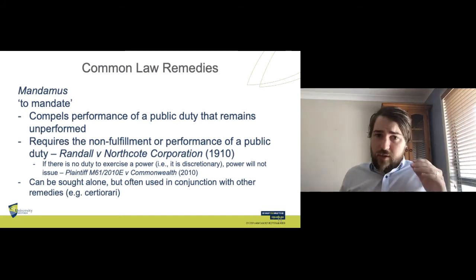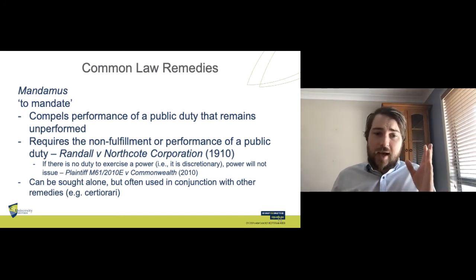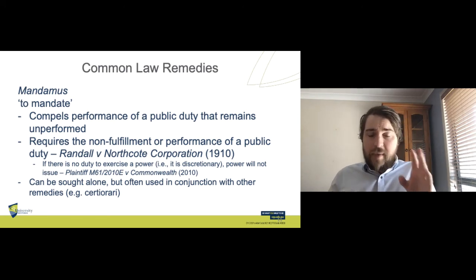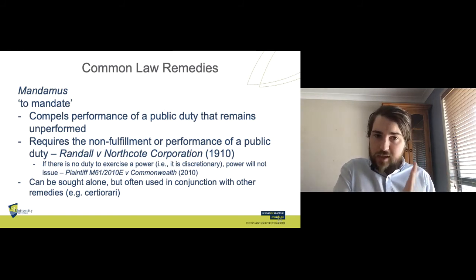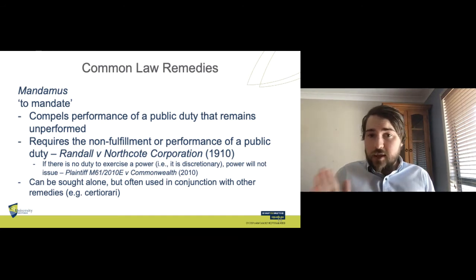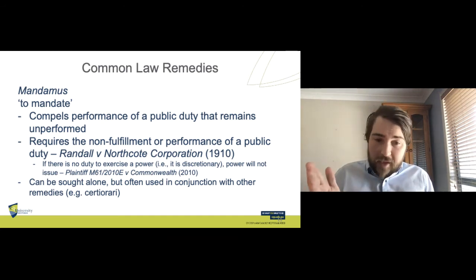Of course, the initial threshold is that there must be a non-fulfillment or non-performance of a public duty. So the threshold step is that there needs to be something that hasn't been done in order to get the remedy to make the person do that thing.